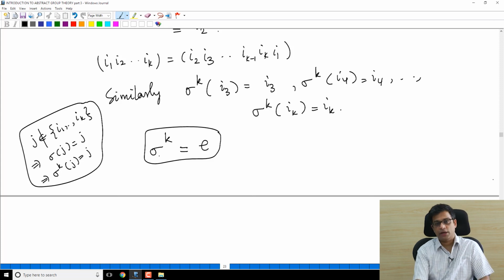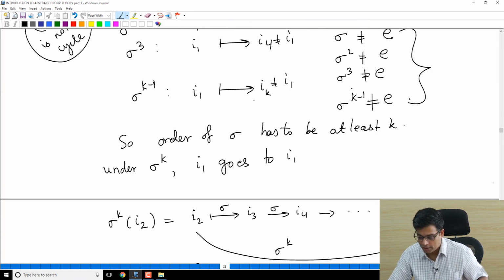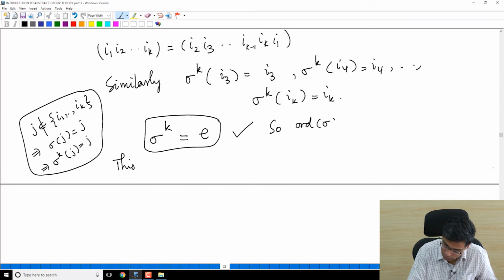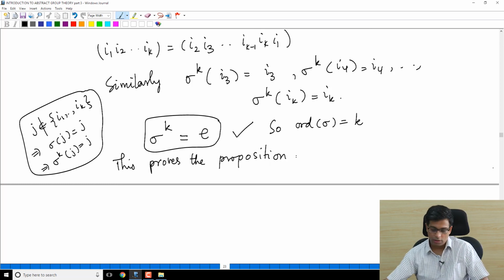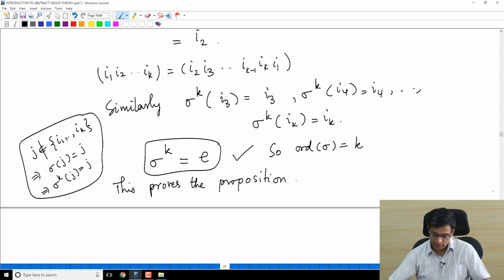So in other words, sigma k sends any index to itself. So sigma k is identity, and any smaller power of sigma cannot be identity. So this proves the proposition. So sigma, which is a k cycle, has order k. Okay, so the order of a k cycle is k.